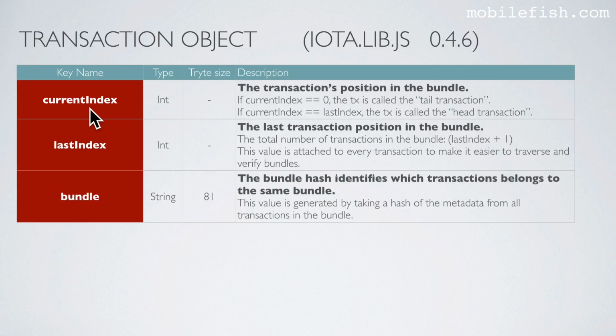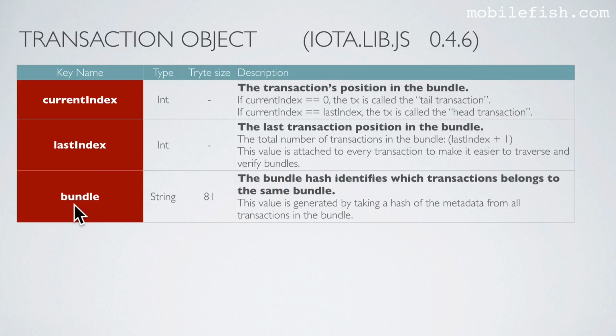If the current index is equal to 0, the transaction is called the tail transaction. If the current index equals the last index, the transaction is called the head transaction. The last index is the last transaction position in the bundle. The total number of transactions in the bundle is the same as the last index value plus 1.